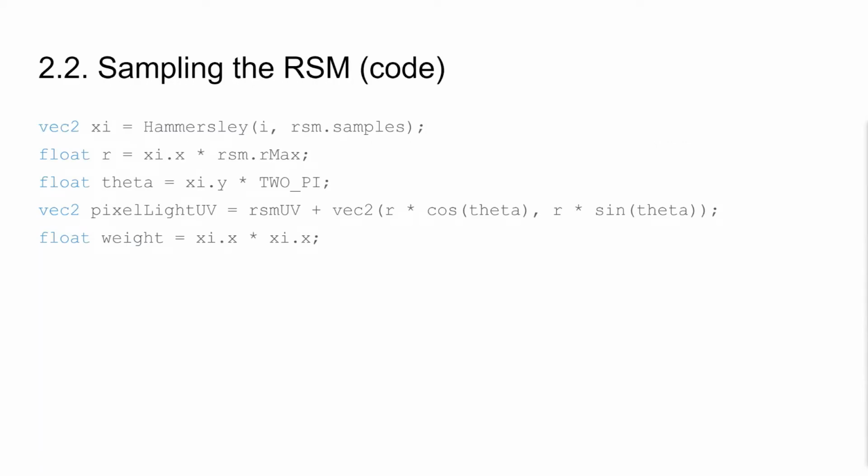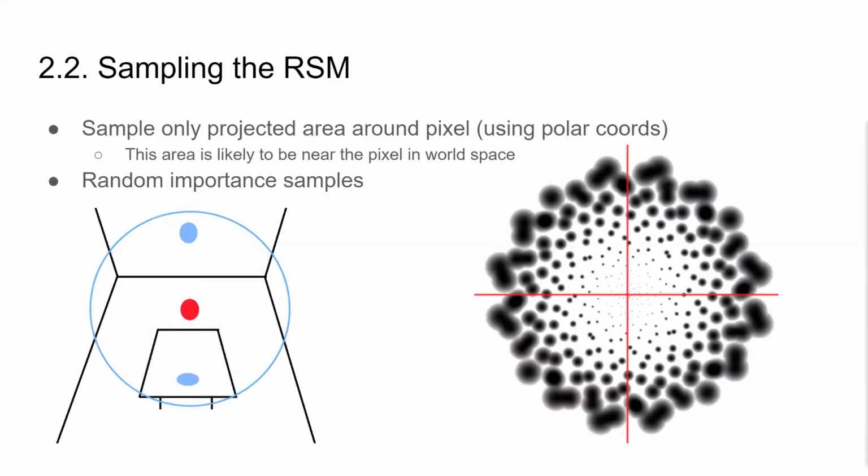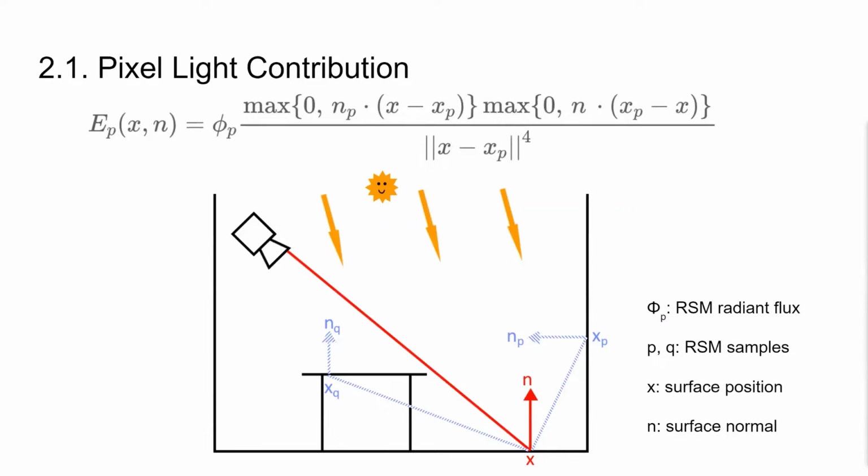So basically right after this code snippet that we're looking at, I use this to get the sample, and then I take samples from the reflective shadow map. And then I use the sample as the input to this lighting equation.